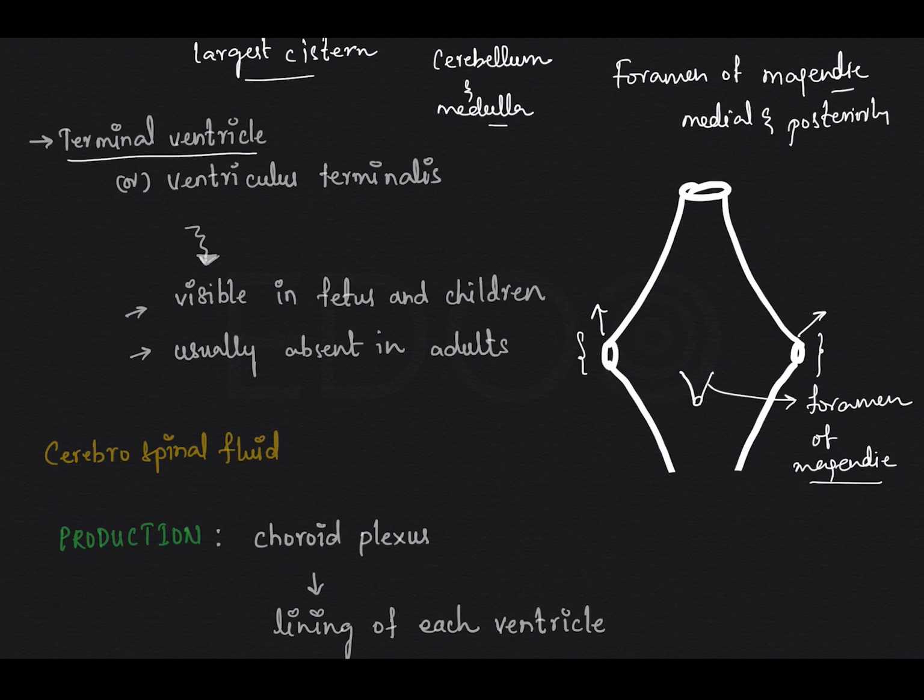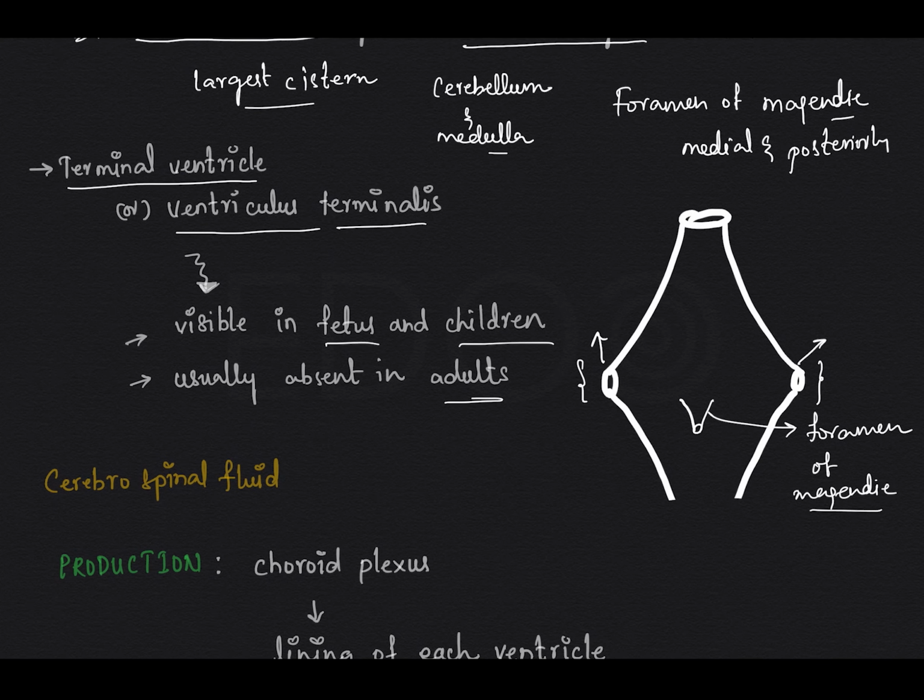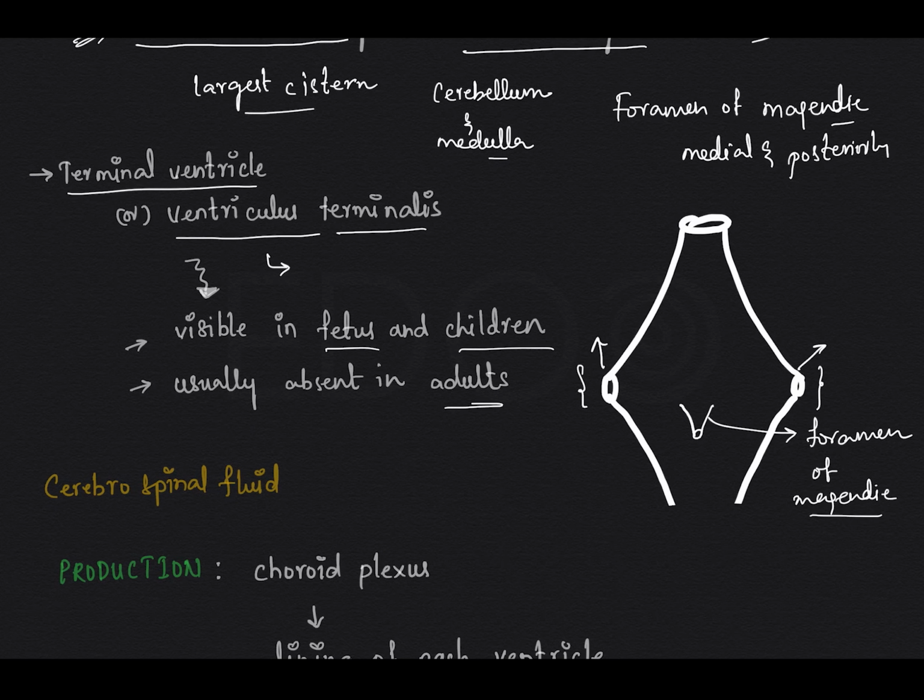And next, terminal ventricle, or it is also called as ventriculus terminalis, which is visible in fetus and children, but it is usually absent in adults. So ventriculus terminalis is nothing but a widest part of central canal, which is near or at conus medullaris.